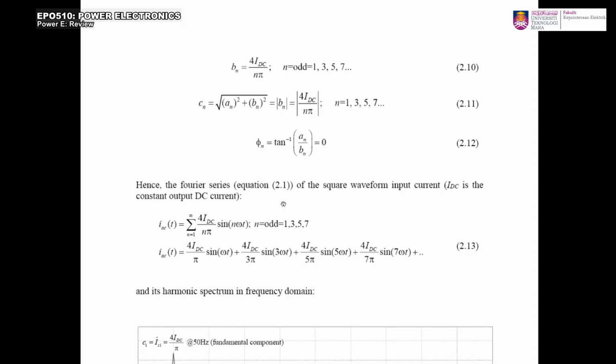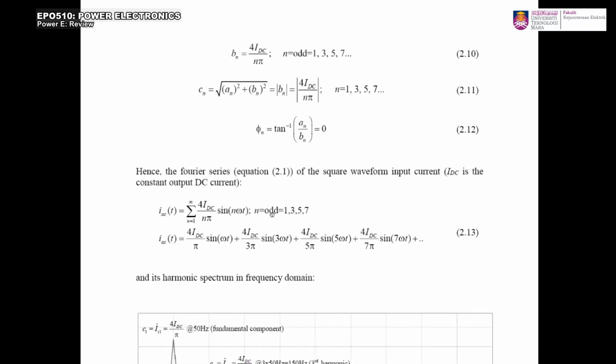So finally, you find that for the square waveform, it exists for the 1, 3, 5, 7, the odd harmonics, and the amplitude of the waveform, the bn or Cn, equals 4IDC over n pi.